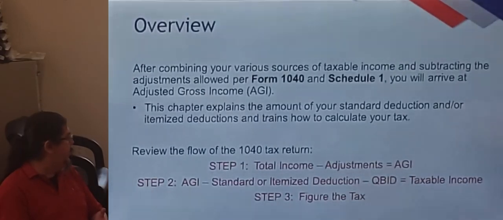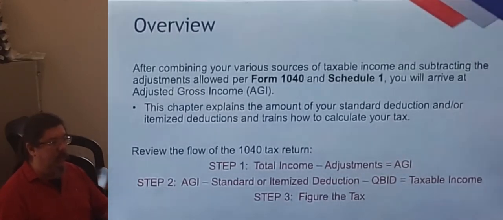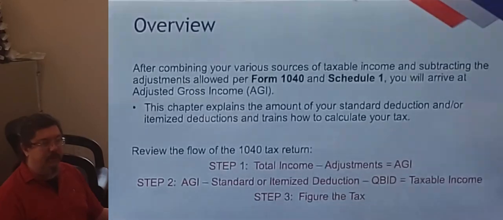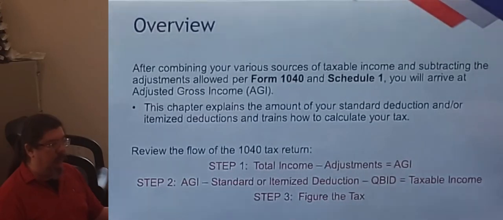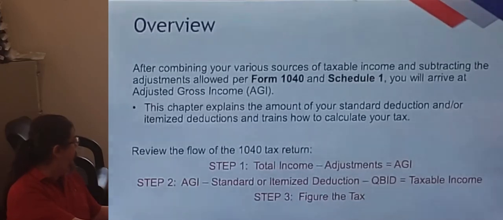That brings you to your taxable income. And then you figure your tax on taxable income, which, if your taxable income is under 100,000, you look up in the tax table. And if your taxable income is over 100,000, then there's a tax worksheet that you can use to figure out the tax on your taxable income.